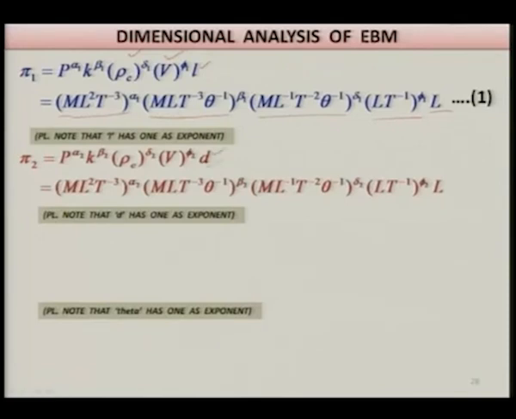Now you can see the difference here, d is used, that is the diameter, whereas in pi 1 L is used alone with unit power. Then again substitute the values of the dimensions, like M L raised to power 2 T raised to power minus 3 whole raised to power alpha 2 and so on.